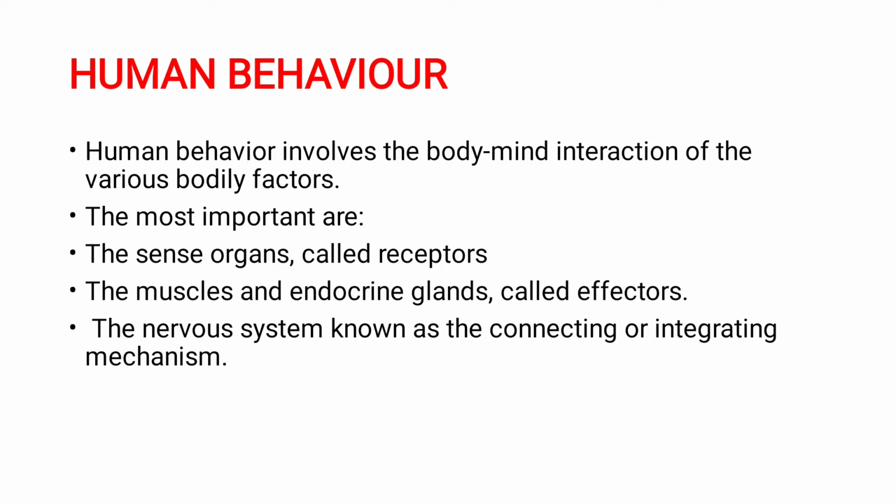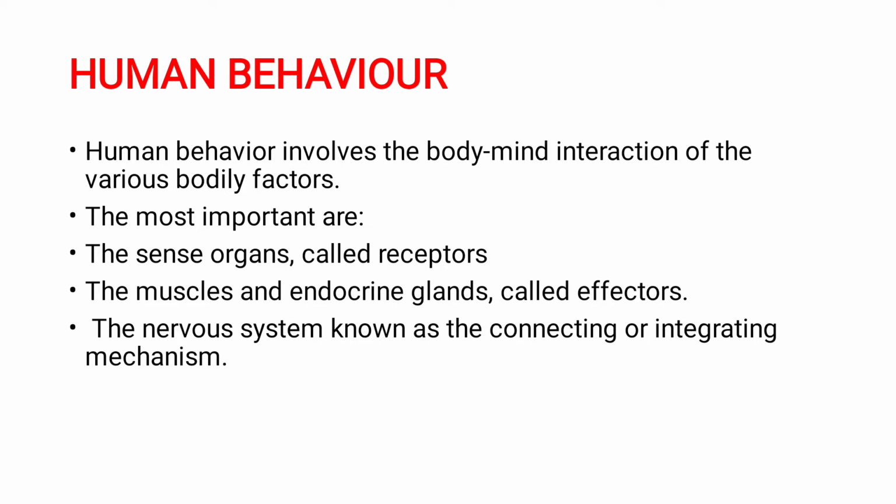So the sense organs are called your receptors. If your sense organs see and the brain perceives, immediately the muscles and the endocrine glands will act accordingly. I said a vehicle is approaching you, your vision, your sense organ has seen it, and they are giving a horn, so your ears are also hearing it. Immediately after seeing it you perceive the danger.